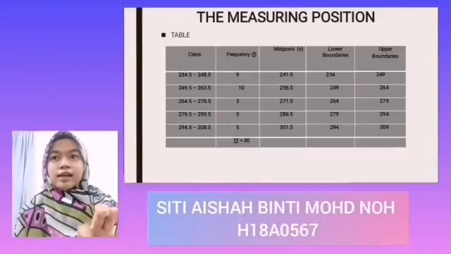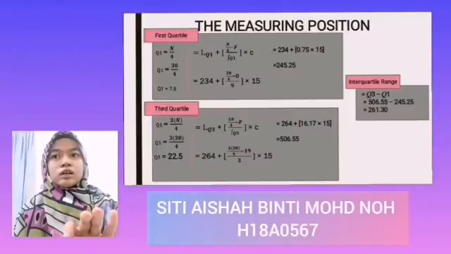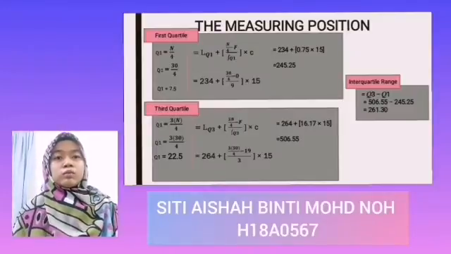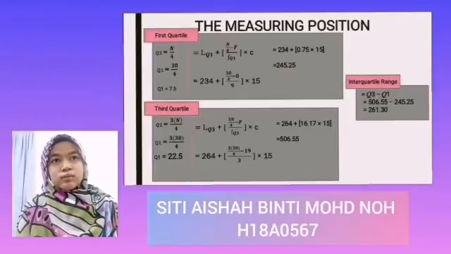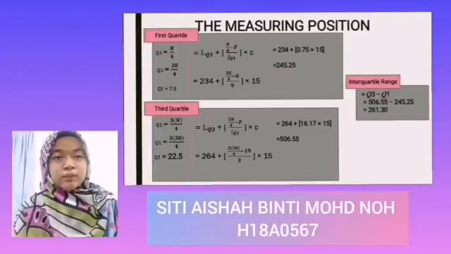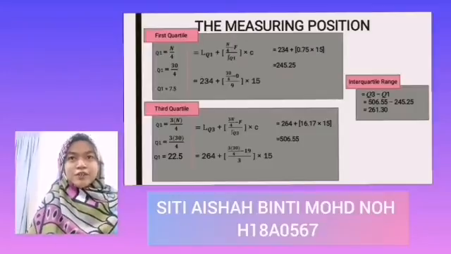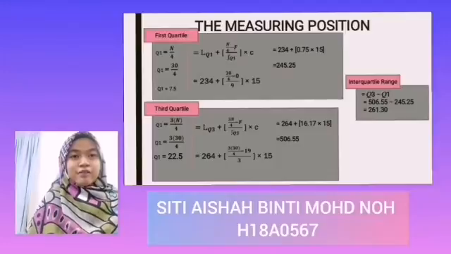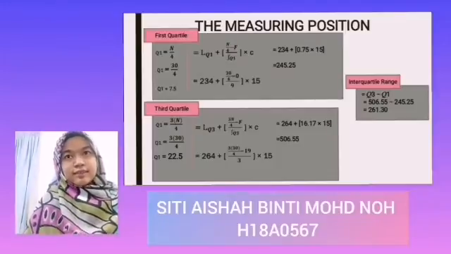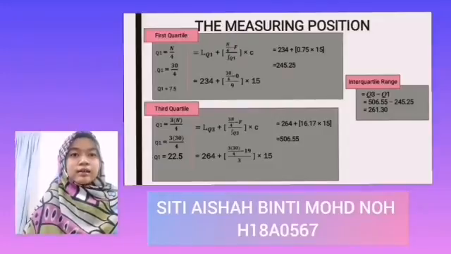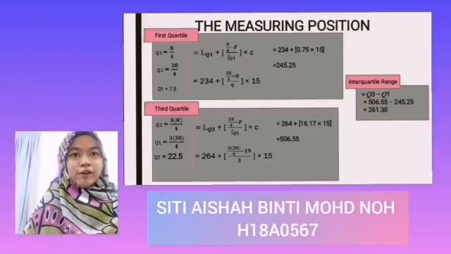Okay, the next slide is the calculation for measuring positions. There's first quartile, third quartile, and interquartile range. For the first quartile, we use the formula n divided by 4, and the calculation is 30 divided by 4, and the answer is 7.5.